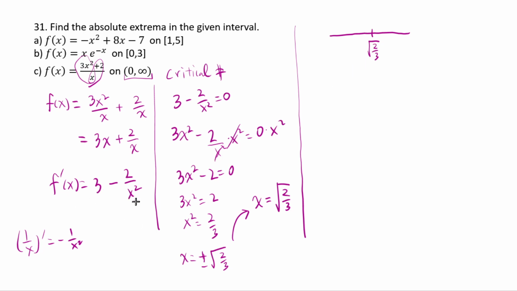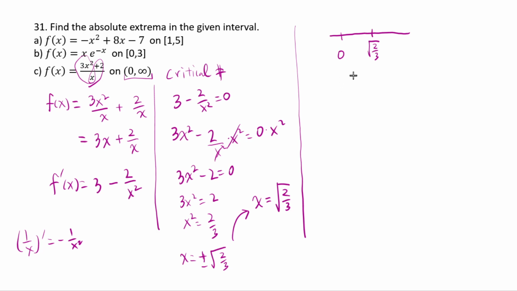Unfortunately, the derivative does not exist at 0. If you plug in 0, it just doesn't exist. So because we're really interested in what happens between 0 and square root of 2 over 3, we have to pick a test point between these two numbers.